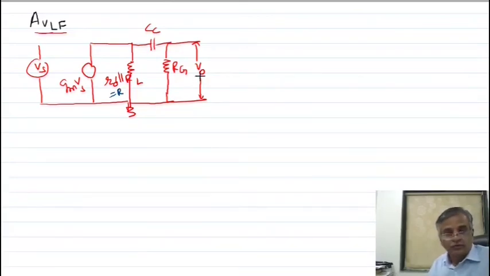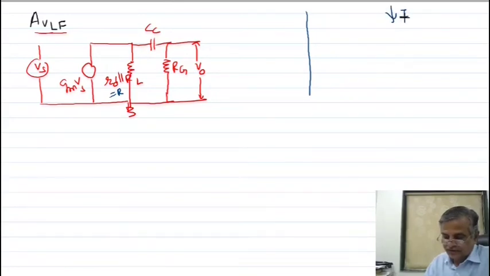Now I want to find the output voltage. So this circuit, just for your understanding, I am showing you. This is current I, which means GMVS.